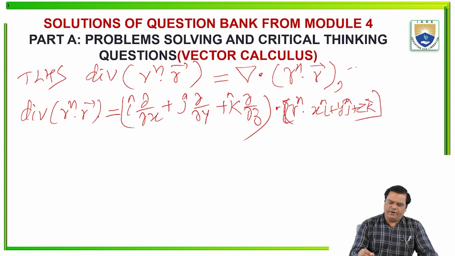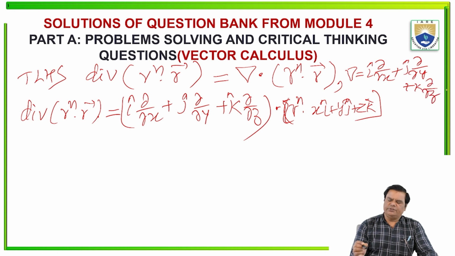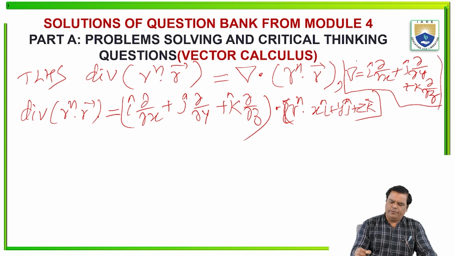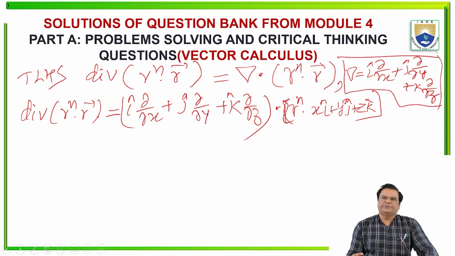The value of del is i cap ∂/∂x plus j cap ∂/∂y plus k cap ∂/∂z.